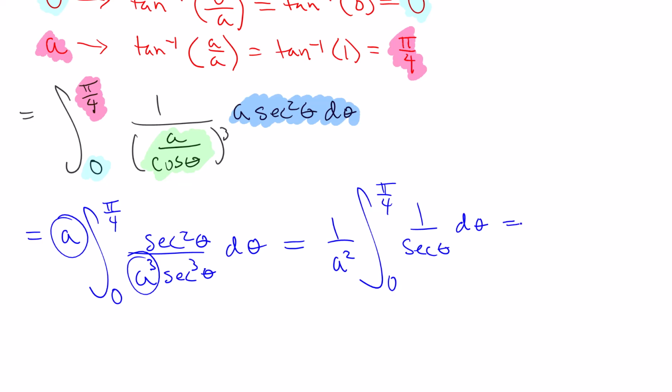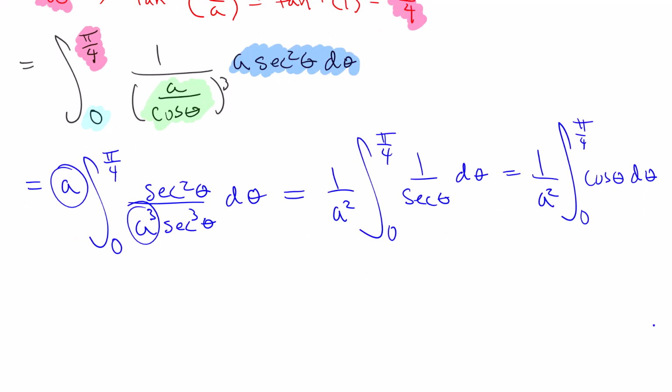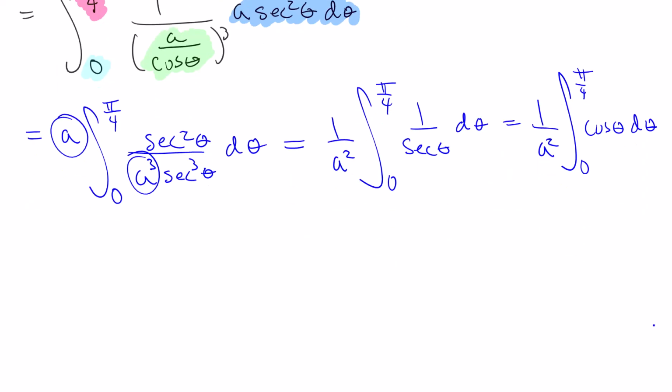Let's keep this going. This is really 1 over a squared out front, times the integral from 0 to pi over 4 of, if you simplify, 1 over secant theta is really just cosine theta, then of course d theta. So it's getting better. Furthermore, we know how to anti-differentiate cosine theta, so we're pretty much there.